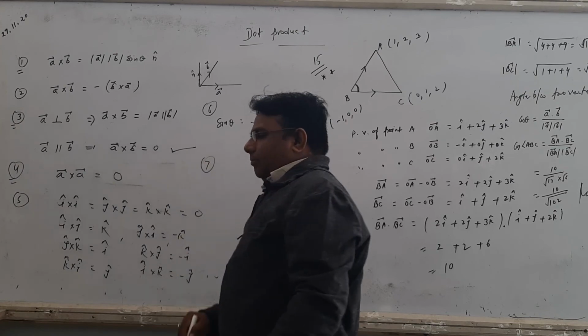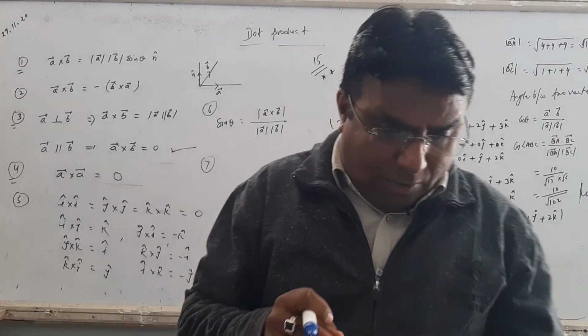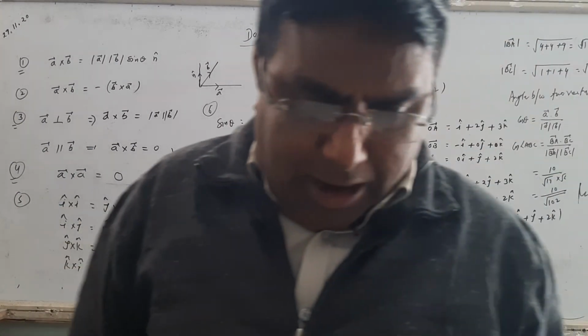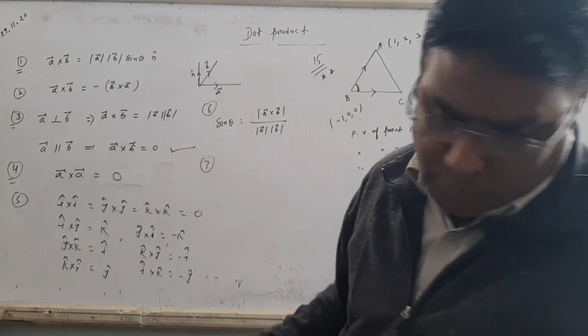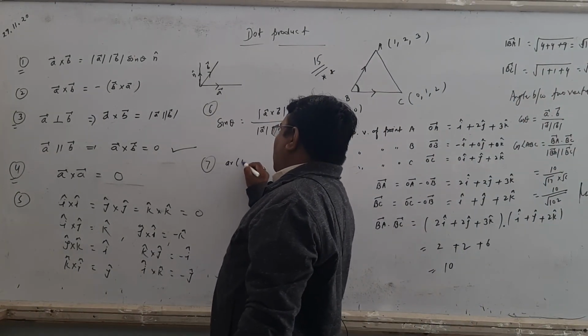Now seventh thing, in cross product, what is the formula of area of triangle, right? When vector A is given, vector B is given, what is the formula of area of triangle ABC?